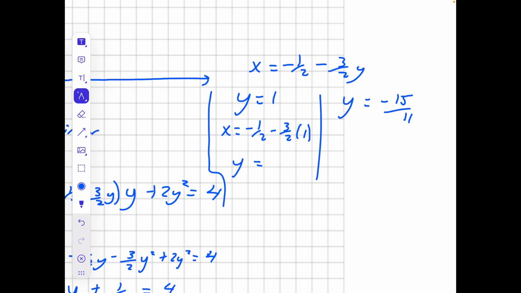Okay, so I get out one answer there. When I sub that in, I get out x is equal, sorry, what did I write down? That should be x is equal to minus 2.